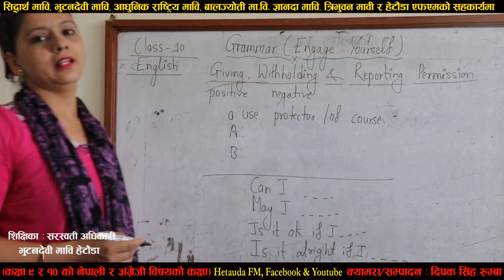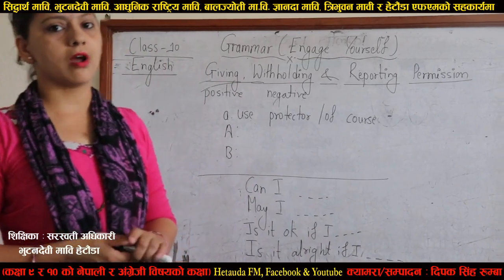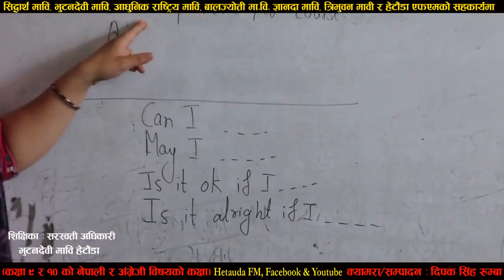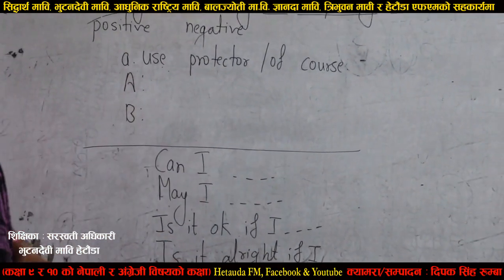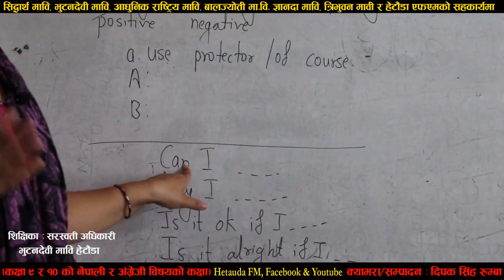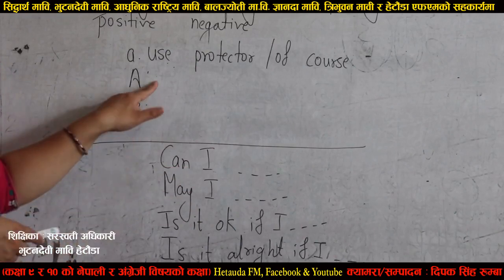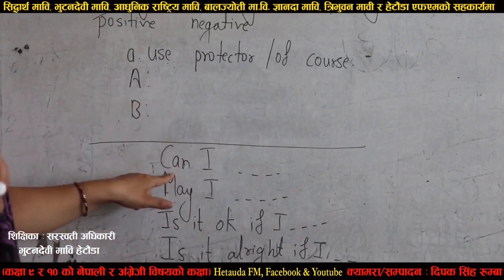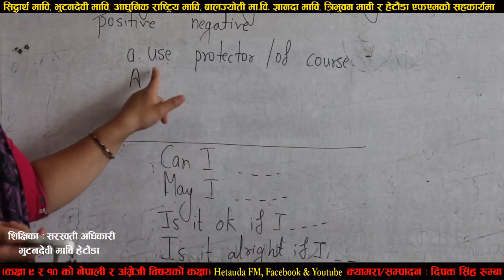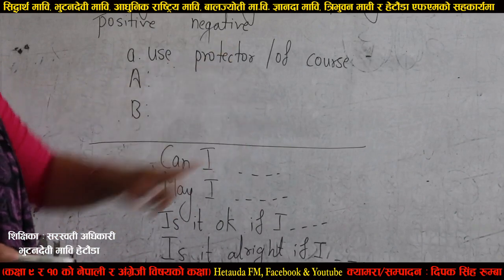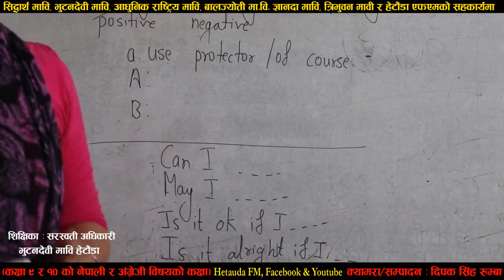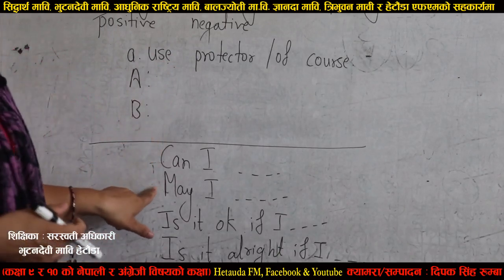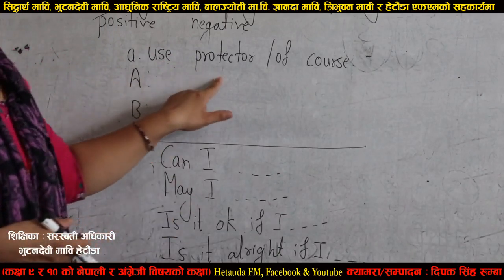What does it mean? Let me tell you more about these structures, dear students. If our question is use protector, then how can we start our conversation, or how can we ask for permission? For example, can I use protector? You must give a question mark, dear students, because we are asking for permission. Another, may I use protector?